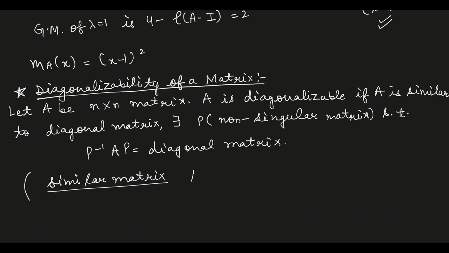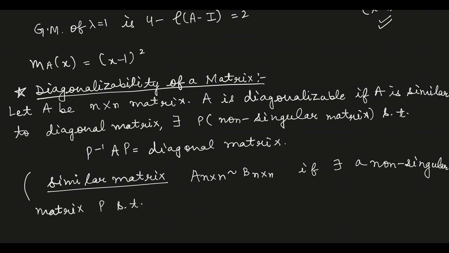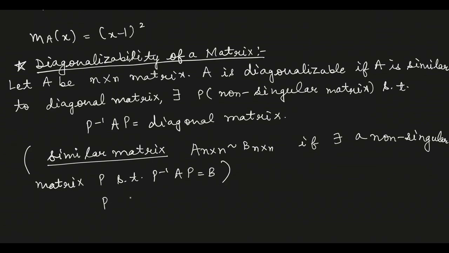If I have two n cross n matrices A and B, then they are similar if there exists a non-singular matrix P such that P inverse AP is equal to B. As matrix P is non-singular, meaning determinant is non-zero, na? Then only P inverse of matrix P will exist.